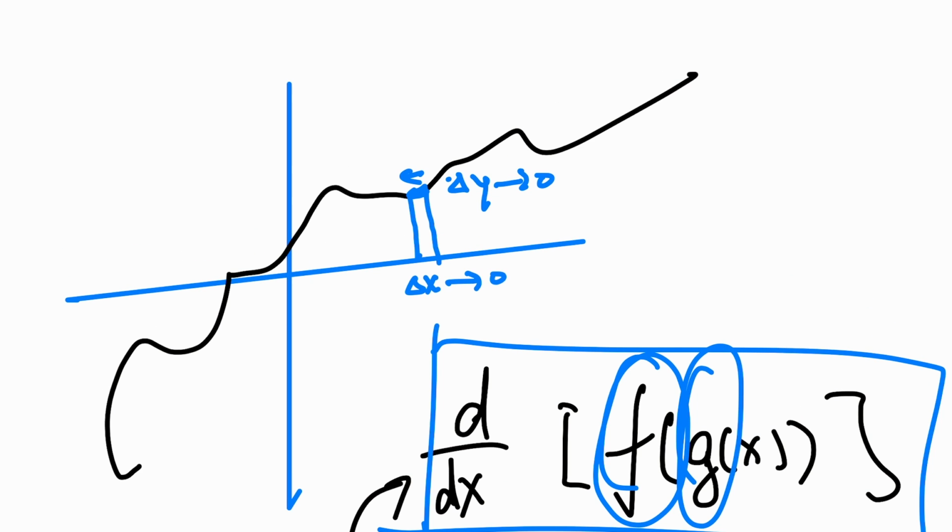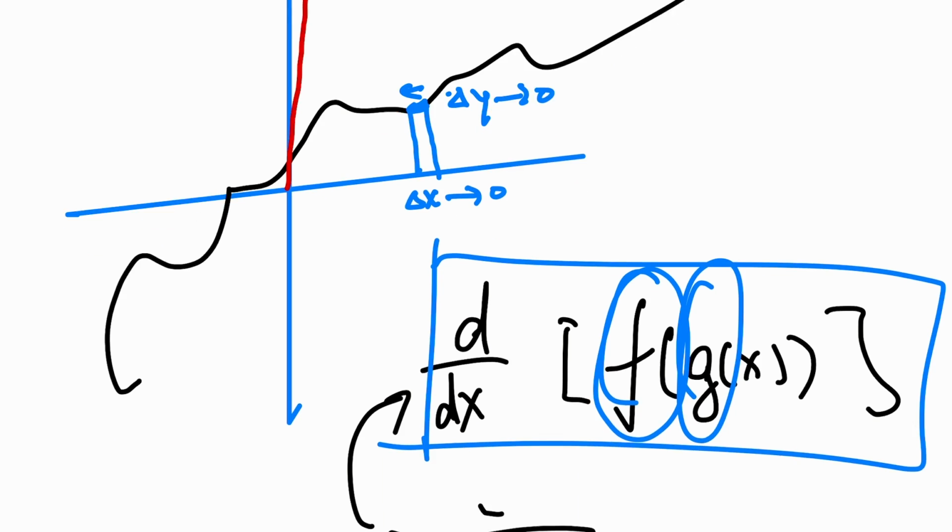Even if the graph looks like this, although we need to make sure it's a function, if it's approaching 0, then it's just a point, and that would be approaching 0 as well.